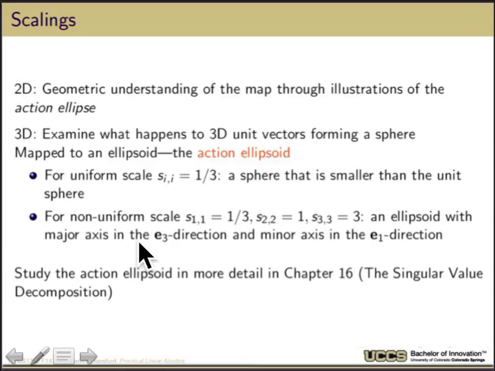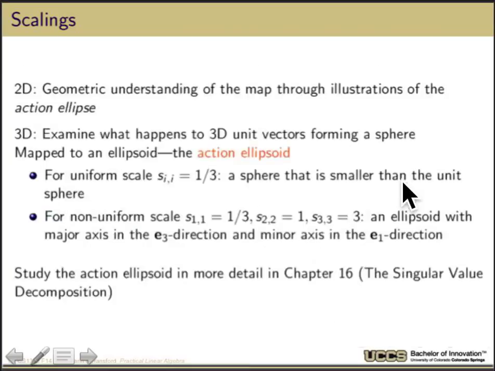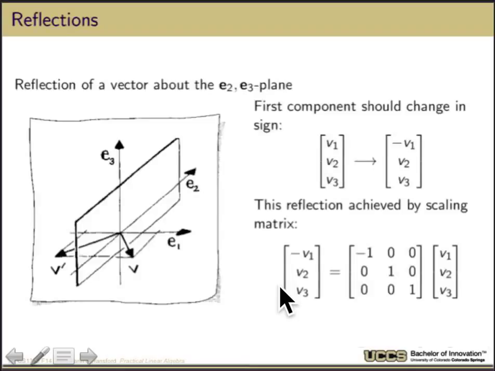For non-uniform scaling, even though tori were shown in these drawings, you can imagine what this transformation would do to a sphere. It would now become an ellipsoid with an axis of 1/3 in the x direction, unit length in the y direction, and length 3 in the z direction. We're going to study this in much more detail when we get to the singular value decomposition in chapter 16 weeks from now. But overall, this action ellipsoid still gives you a good way of understanding what's going on.